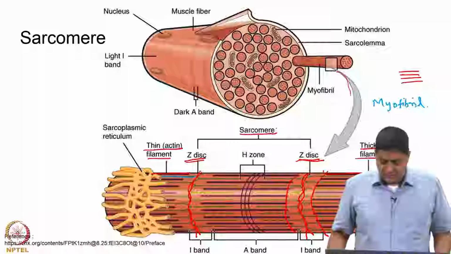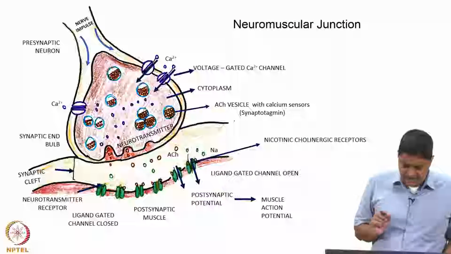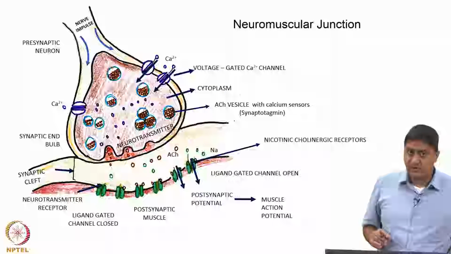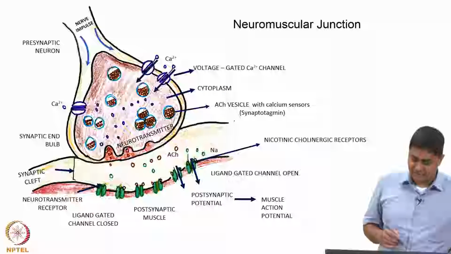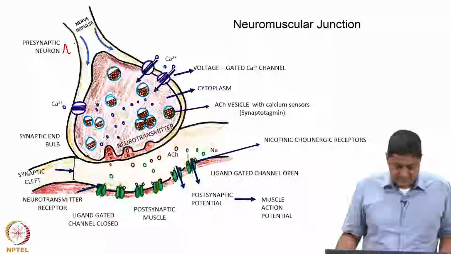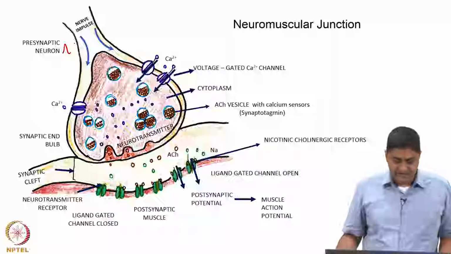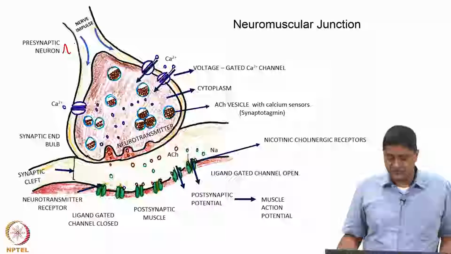Now, what happens at the neuromuscular junction? We will review this very briefly and then continue our discussion of muscle fiber force production. An action potential arriving at the synaptic end bulb of the presynaptic neuron opens voltage gated calcium channels that let in a lot of calcium. That causes vesicles to fuse to the membrane and exocytose acetylcholine.